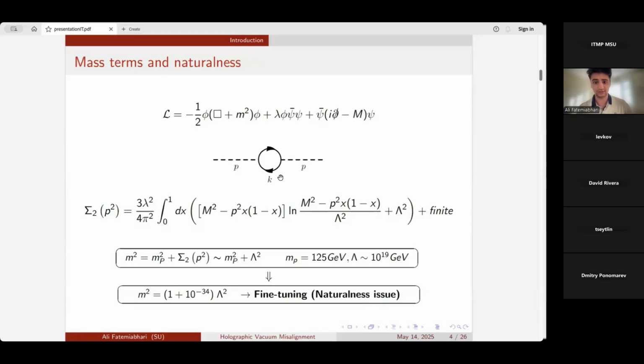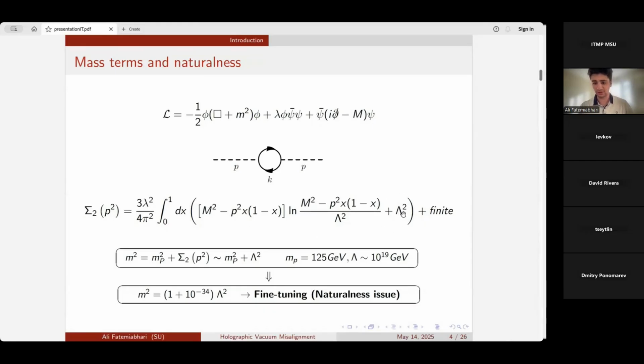One can calculate what the effect of this fermion loop is on the propagator of the scalar field. And depending on which scheme you choose, you reach more or less this result, that there is a cutoff dependence on the loop integral value.